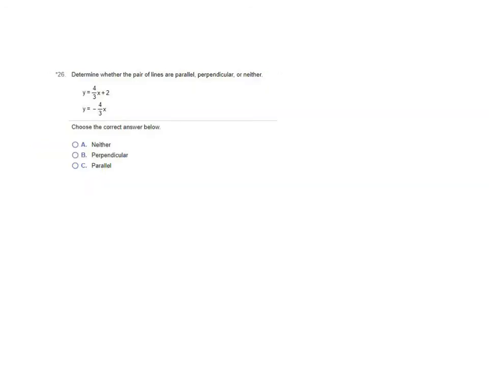Determine whether they are parallel, perpendicular, or neither. If I look at the slope here, the slope is 4/3. If I look at the slope here, the slope is a negative 4/3. For parallel, they must be exactly the same. So they would either both have to be 4/3 or both have to be negative 4/3. So that is out.